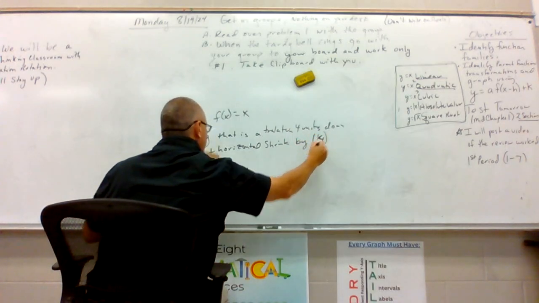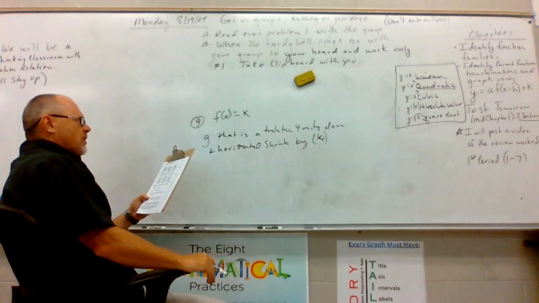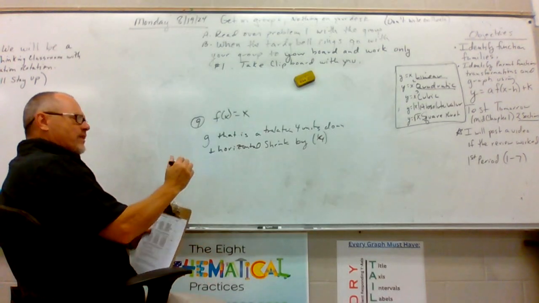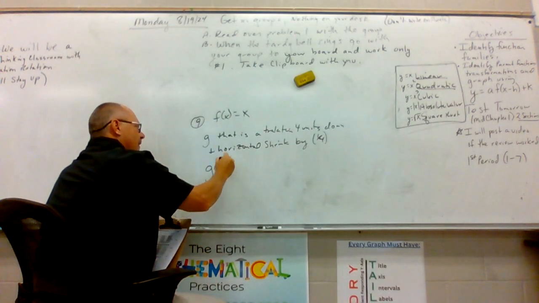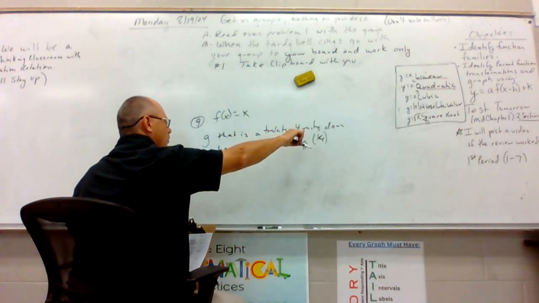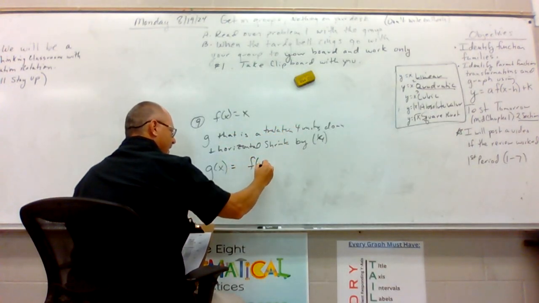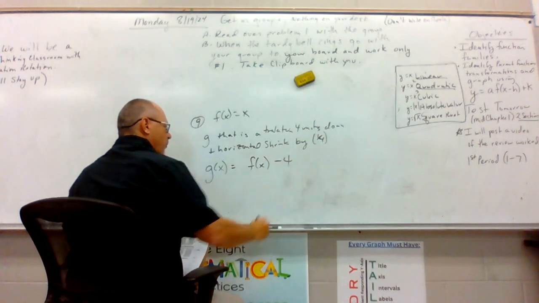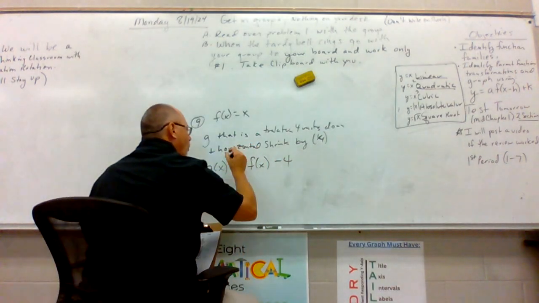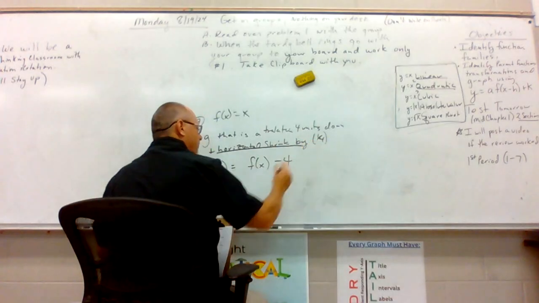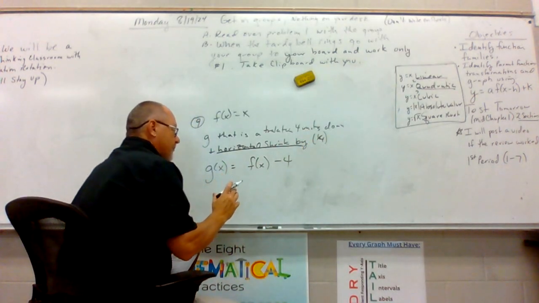I may have started this on the other one, but I'm glad I'm doing it again. I want a g of x that translates 4 units down. If I'm going 4 units down from f of x, I go minus 4 on the outside. If I horizontally shrink by 1/4, this is bonus for regular, but honors, you're going to have to do it.